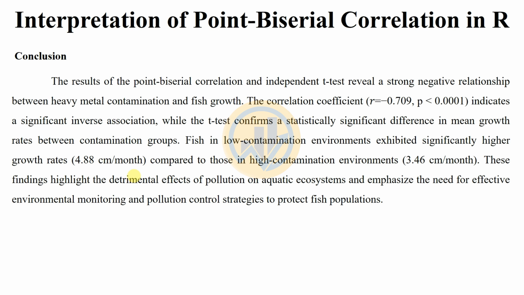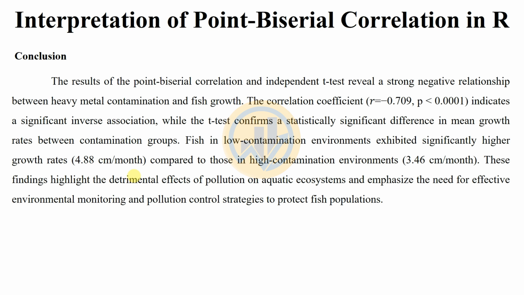So the final part, the conclusion: the interpretation of Point-Biserial correlation in RStudio. The results of the Point-Biserial correlation and t-test reveal a strong negative relationship between heavy metal contamination and fish growth. The correlation coefficient r is equal to minus 0.709, p less than 0.0001, indicating a significant inverse association, while the t-test confirms a statistically significant difference in mean growth rates between the contamination groups.